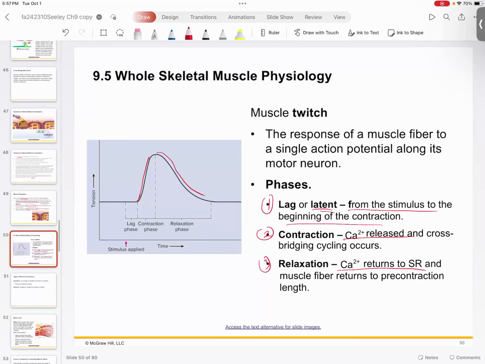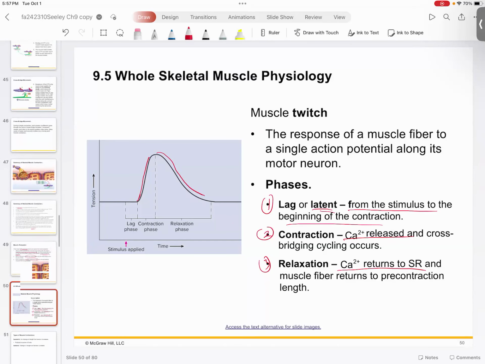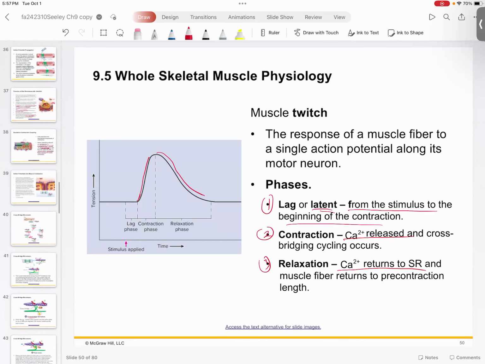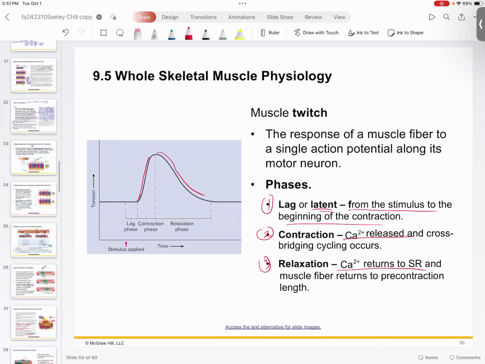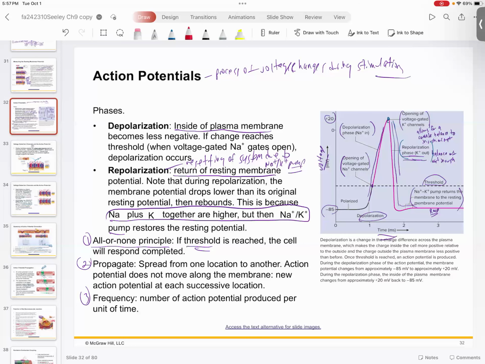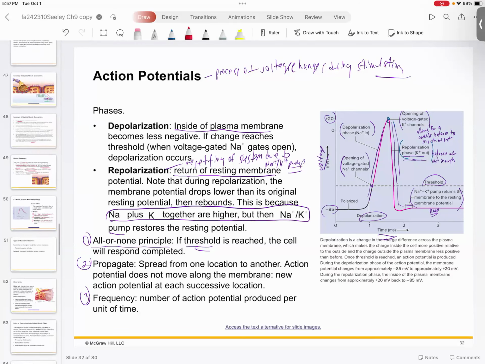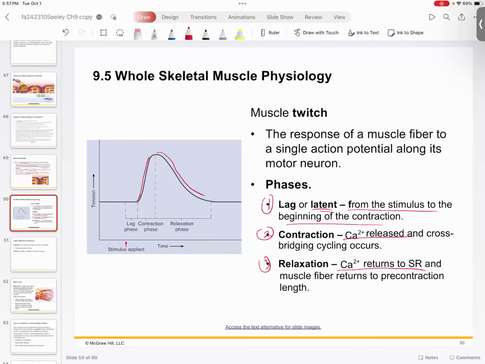Notice, however, one thing, not to confuse this with, when you're taking a look at a twitch curve, it looks very similar, doesn't it? It looks very similar to the action potential curve that we saw before. So the case here is they're not the same, right? One is looking at millivolts, it's voltage over time. So it's looking at depolarization, repolarization. That is the cause. The second one is looking at the effect, right?